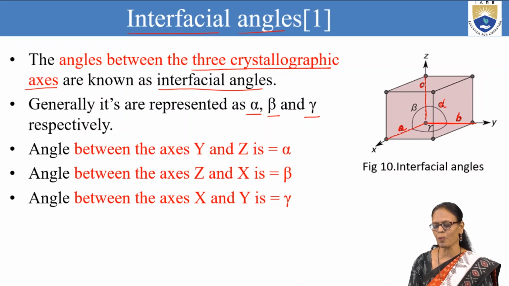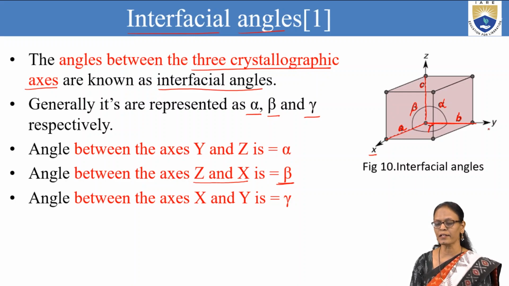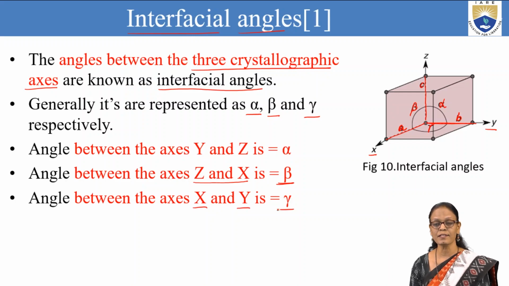How do we remember? Opposite to A is alpha and opposite to B is beta. So angle beta will be between the x-axis and z-axis, so between z and x you have beta. And the one opposite to C is gamma. This is the convention we are going to use. So gamma will be the angle between the axes x and y.